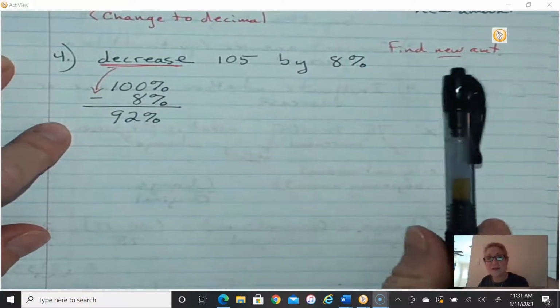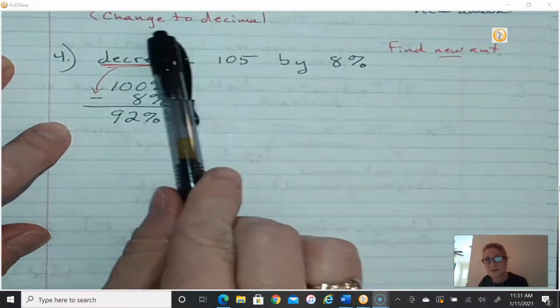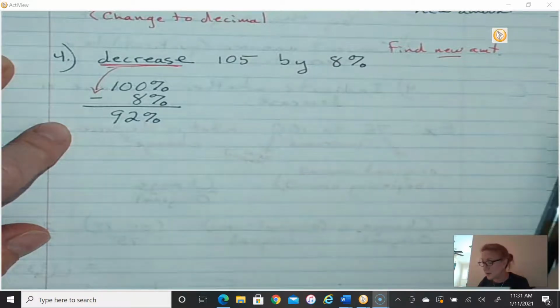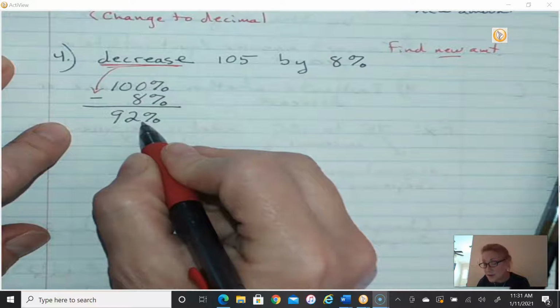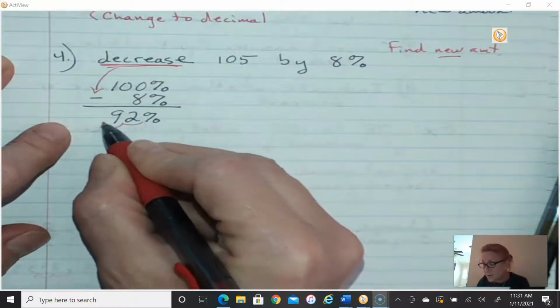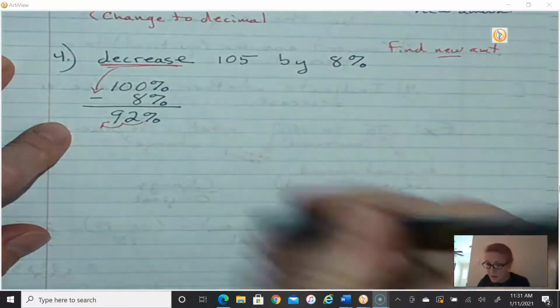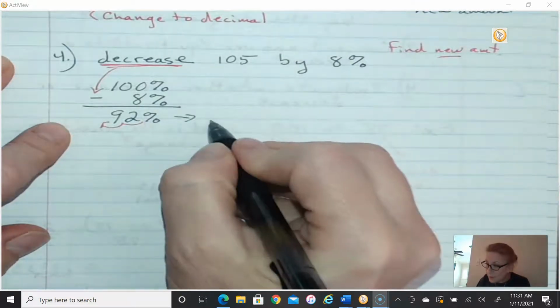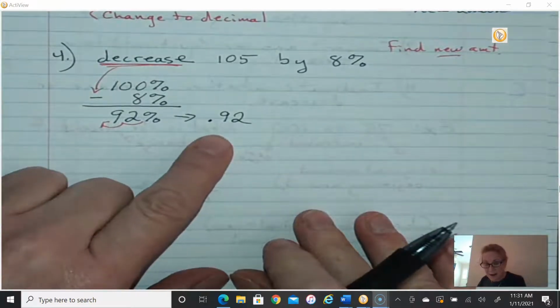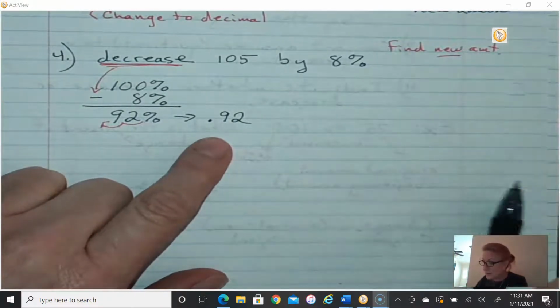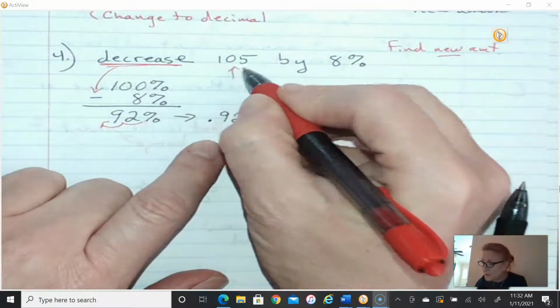Okay, what do we do next? Change to decimal. So how many places do I move the imaginary decimal? 2 places to the left. So then I get 0.92. Now all we do is multiply that with the original.